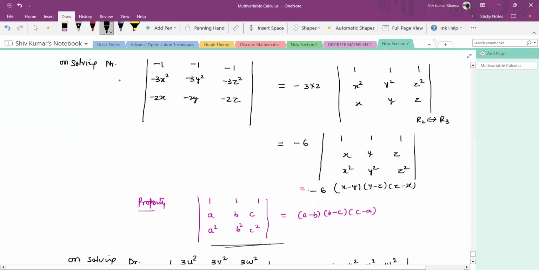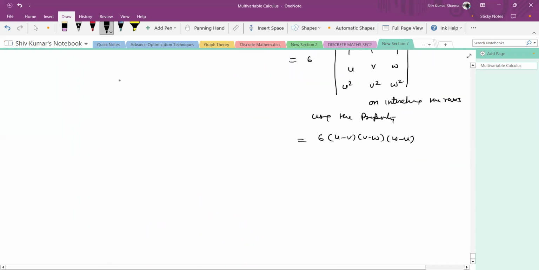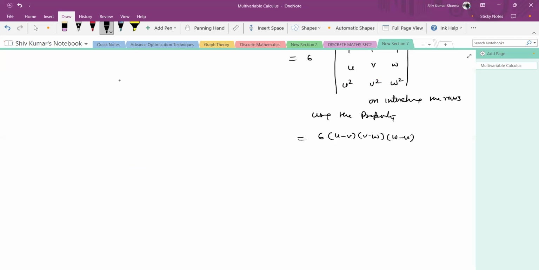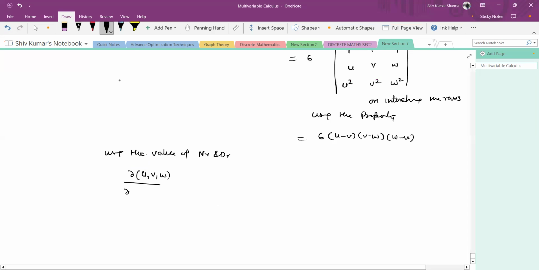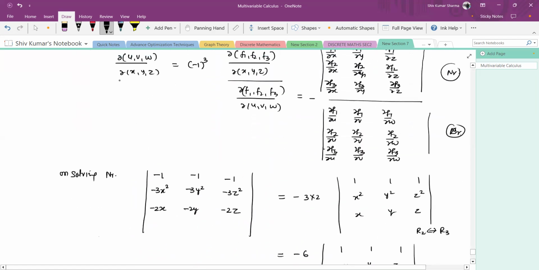So on putting the value of numerator and denominator, we see that del u v w upon del x y z is equal to minus 1 raised to the power 3, which means minus.